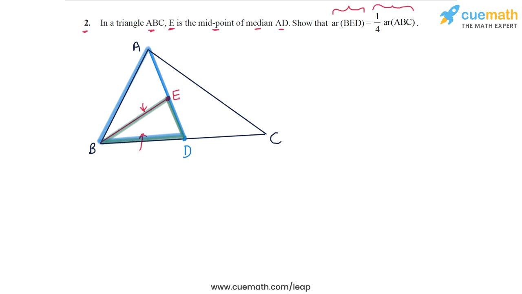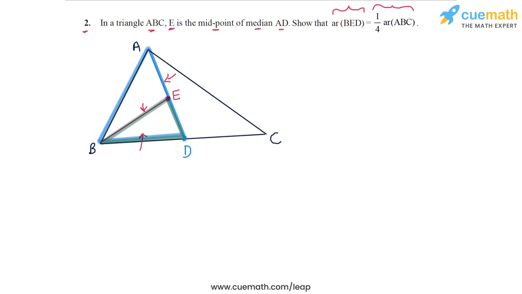And then we make use of the fact that AD itself, this segment AD, is the median from A to D. And this means that AD will divide triangle BAC into two parts of equal areas.